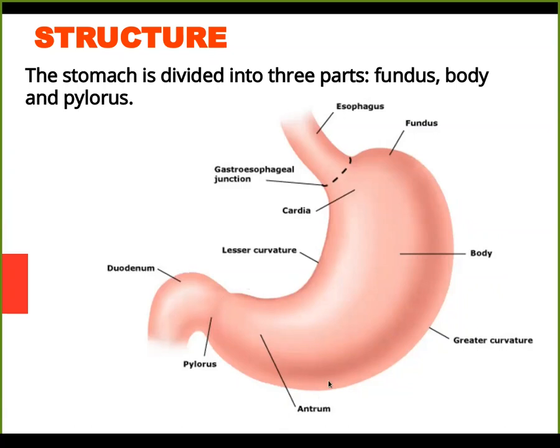Near the pyloric part, the antral part, the antrum, takes place, and the main part between the antrum and the fundal part is the body of the stomach. Additionally, in the stomach, we talk about curvature, greater and lesser, or curvature major and minor in Latin.